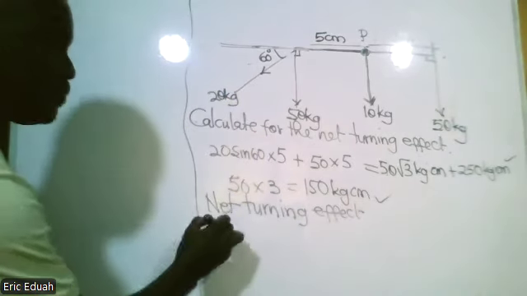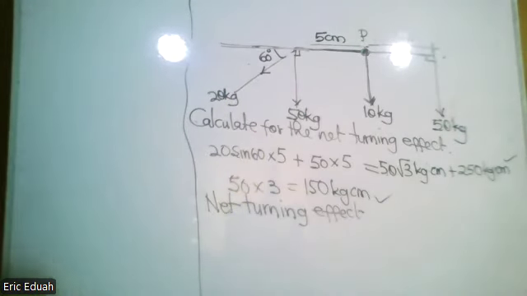This is equal to 50 root 3. Let's express 50 root 3 in decimal so we can add the other one. Plus 250. 50 root 3 is approximately 87, so that gives approximately 337.